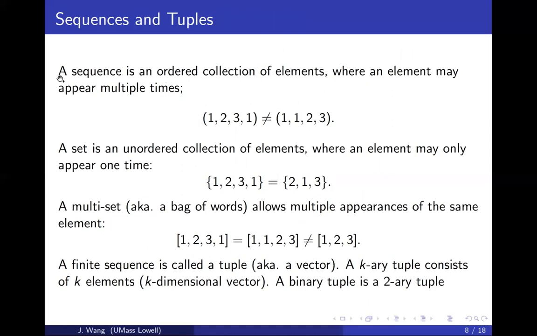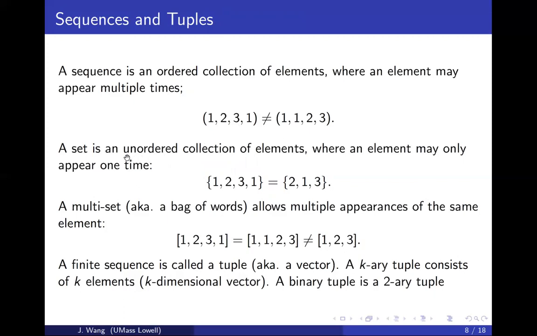So a sequence is an ordered collection of elements where an element may appear multiple times. For instance, 1, 2, 3, 1. So this 1 appears 2 times. And if you switch the order, they are not the same object. So 1, 1, 2, 3 is not the same as 1, 2, 3, 1 if this is a sequence.